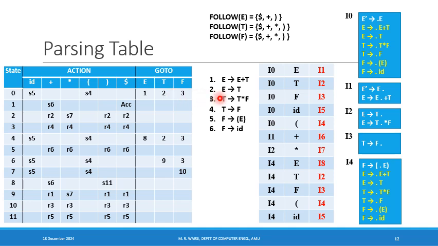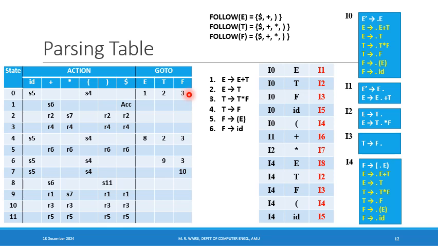Let's take the next transition from state number 0. From state number 0 on capital F, I am going to state number 3. Once again, it is a transition on a variable, so it will give rise to an entry in the go-to region of the parsing table. So you can see that 0 comma F is 3.